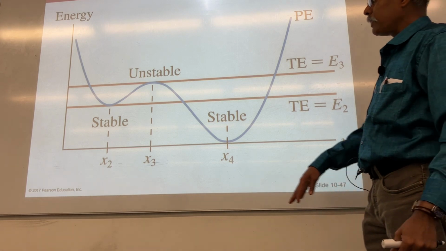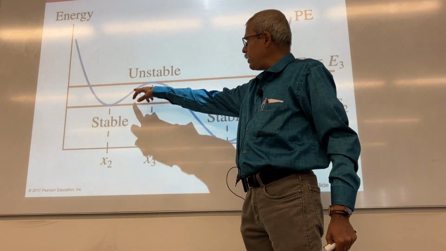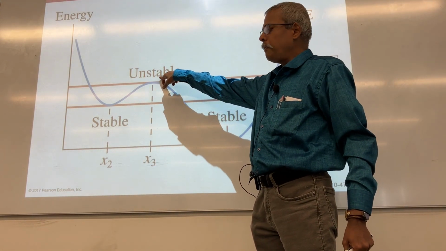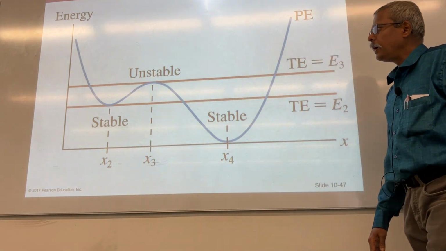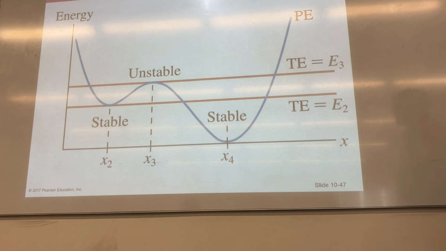So you are stable comfortably at this point, unstable because that's a position where your potential is much higher. You always want to be comfortably sitting, right? So your potential is low, you cannot fall down.